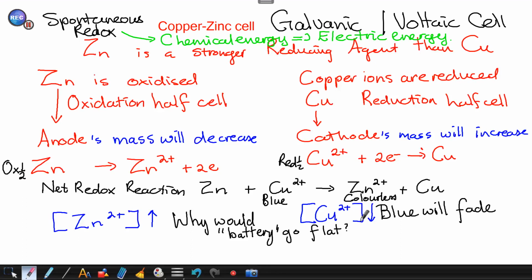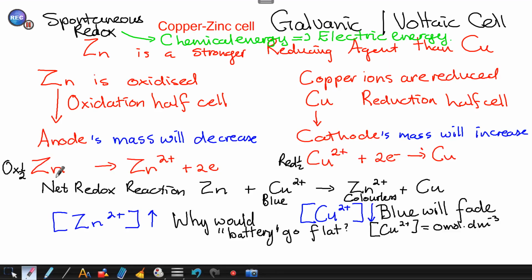When will it stop giving you electricity? When the Cu2+ finishes. Yes, when there will be no more Cu2+. If the concentration of the Cu2+ drops to 0 moles per cubic decimeter, this thing will stop working.